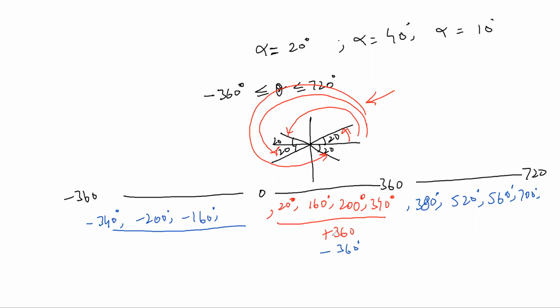And 340 minus 360 is minus 20 here. So that is how you have all these values.